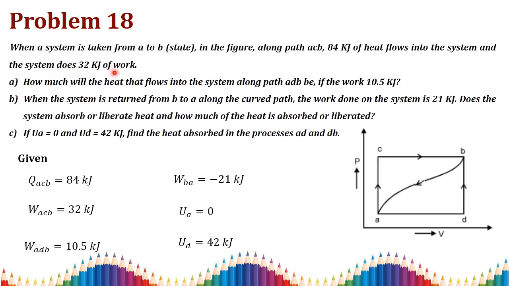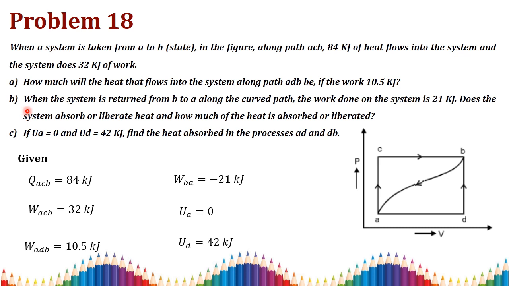The system does the work, so it is positive: work done of ACB is 32 kilojoule. Then they are asking how much heat flows into the system along the path ADB, that is Q of ADB, if the work done of ADB is 10.5 kilojoule.